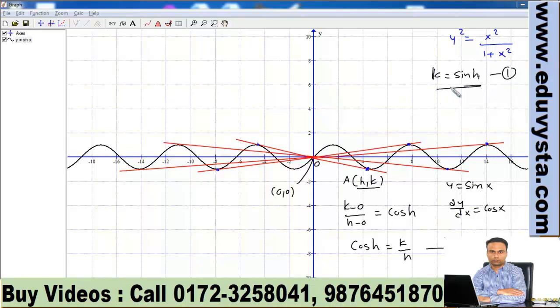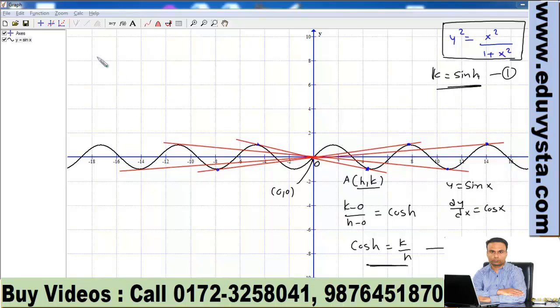Now from this equation and this equation we have to find the locus, and the answer of locus is this, which has no trigonometric function terms. So straight away to get this relation we will eliminate cos h and sin h. How do we eliminate? Squaring and adding.